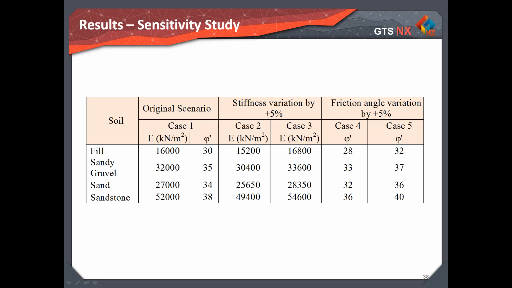To keep things simple, the sensitivity of the key analysis outputs with respect to plus minus 5% variation on soil stiffness modulus and friction angles are presented for three-layer soil at excavation stage.